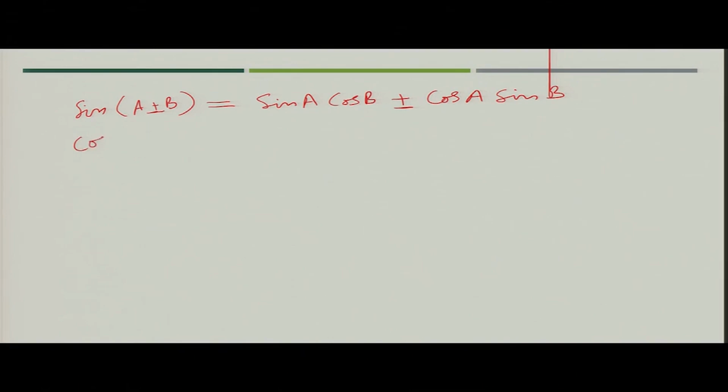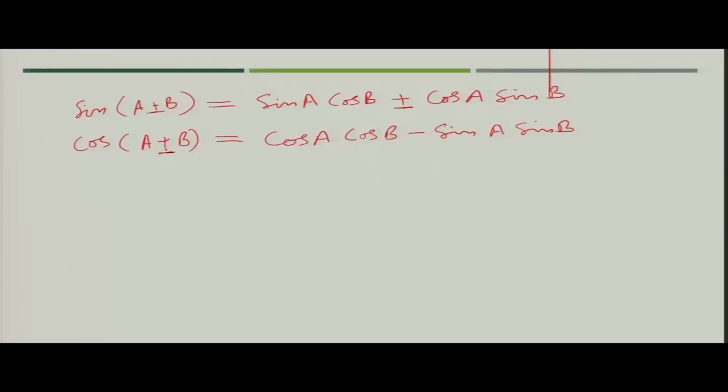Now, for cos(A+B), you will write cos A cos B minus sin A sin B. Opposite to that, if you are asked to find the value of cos(A-B), you will write cos A cos B plus sin A sin B. The signs in both of the cases are opposite to each other.